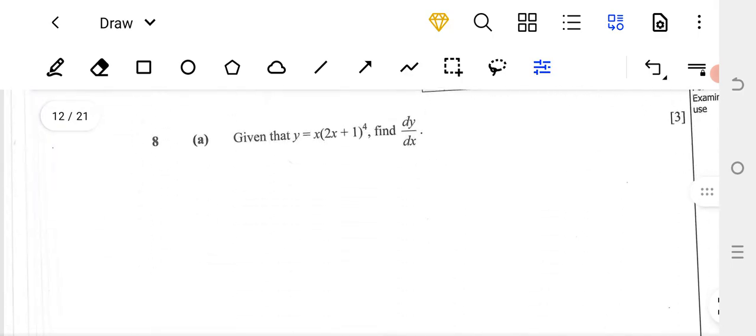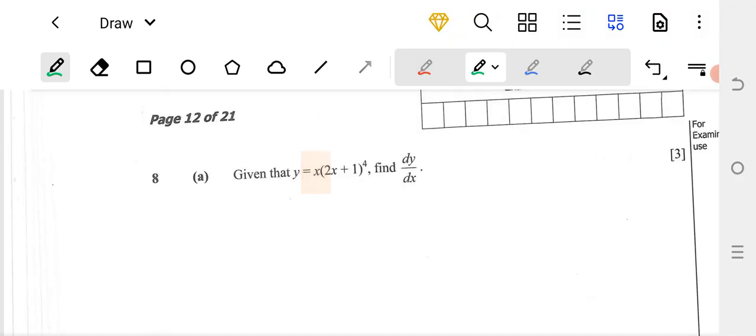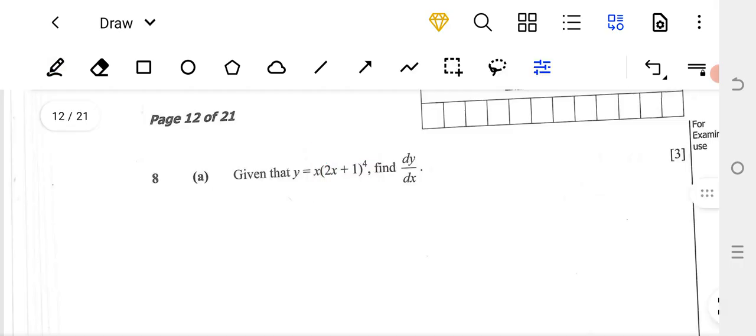Now we're going to our question A, which is saying given that y is equal to x times 2x plus 1 raised to the power 4, find dy/dx, and this was carrying 3 marks. So here you need to take note that there are two functions. There is a function x, and then there is a function 2x plus 1 raised to the power 4, which means that we are multiplying two functions.